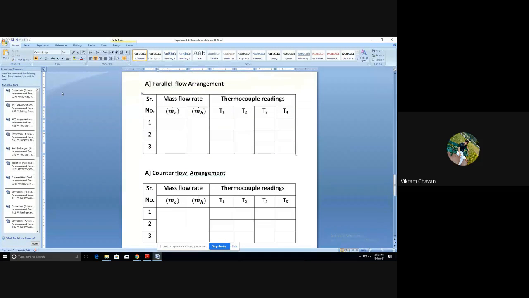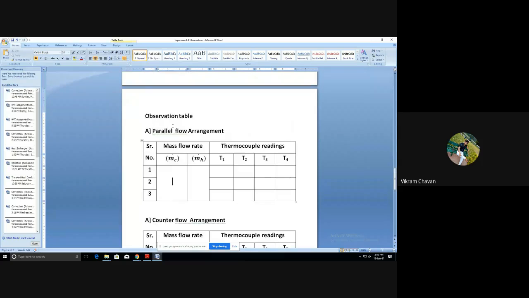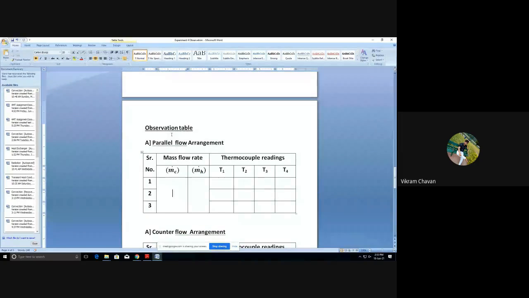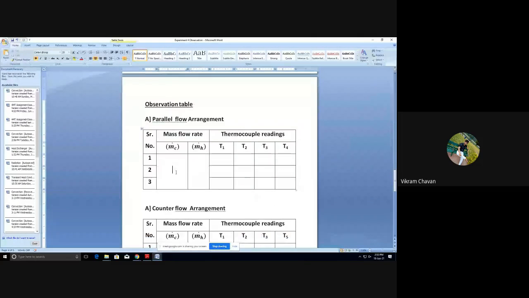Okay, Shraddha, please let me know the readings for the parallel flow arrangement.